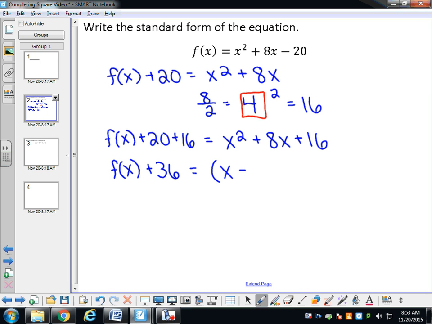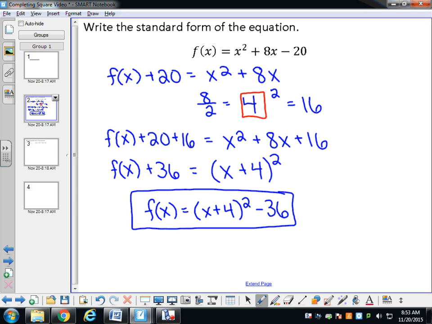So it factors into x plus 4 squared. Then move your c term back. Now that quadratic is written in standard form.